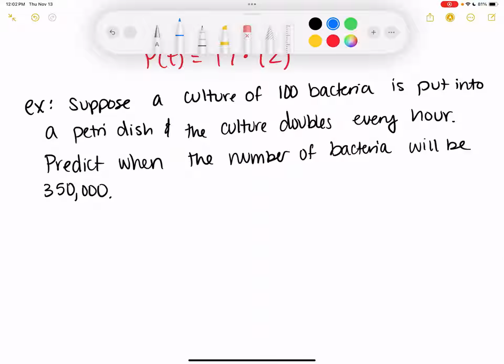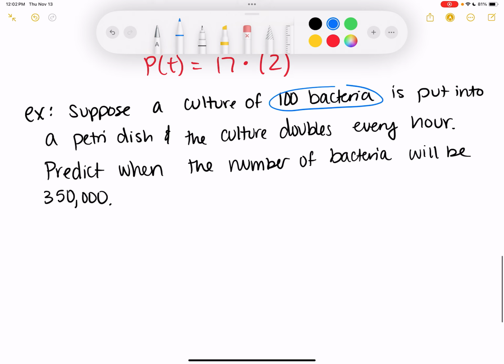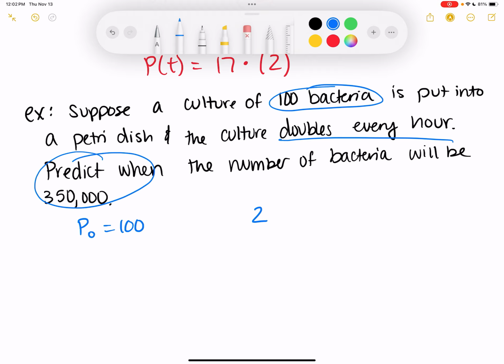So, I know that I have 100 bacteria to start with, so that means that my P sub 0 is 100. I know that it doubles every hour, so that's going to mean 2 to the something. And I want to predict when the number of bacteria will be 350,000.